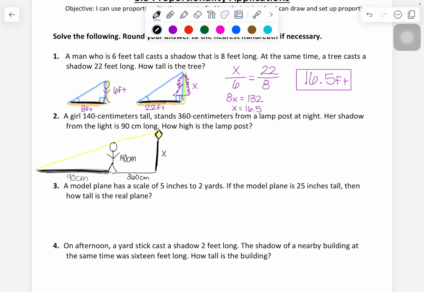So, this is the other kind of setup. When it comes to the shadow problem, sometimes you'll get two separate triangles, like problem 1. Other times, the two triangles will be overlapping. The two triangles overlap when the source of light is one of the things that you're looking at in the problem, that you're getting measurements from.